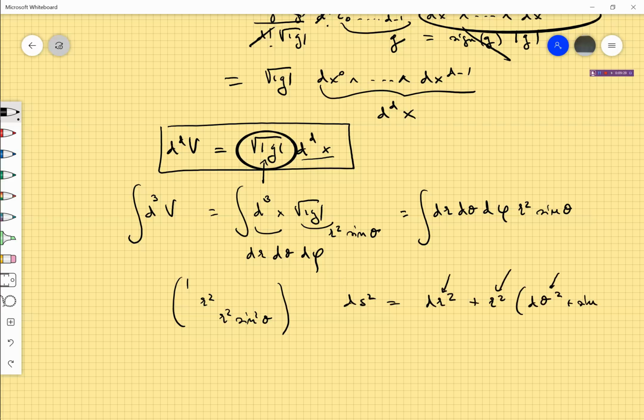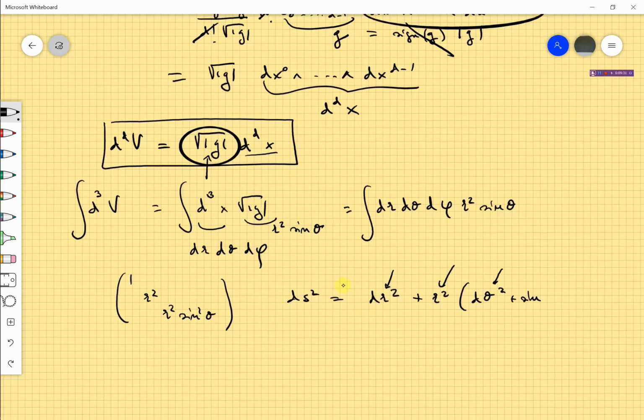Of course, sines or cosines are always dimensionless, and phi must also be dimensionless. So this has dimensions of length cubed, which is the right result to start with.